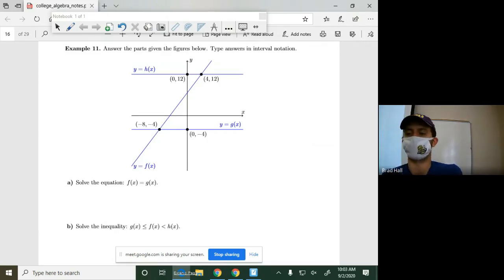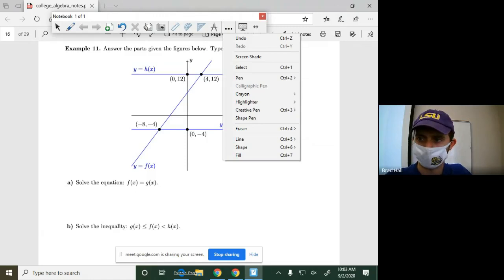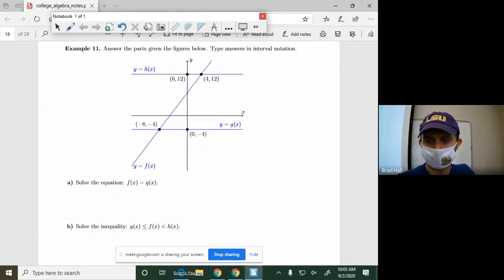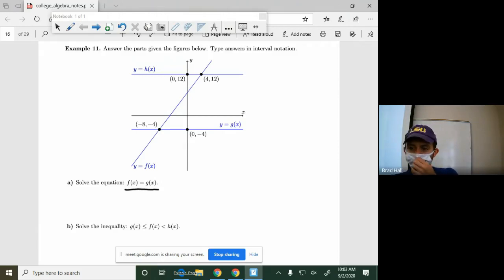So what we do here, I think the most complicated part of this one is just trying to dissect what is actually going on. So let's look at A and see if we can get a grasp of what is actually occurring here. So A wants us to solve the equation f of x is equal to g of x.